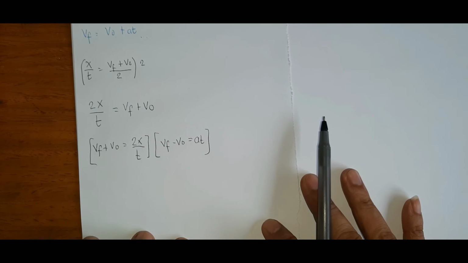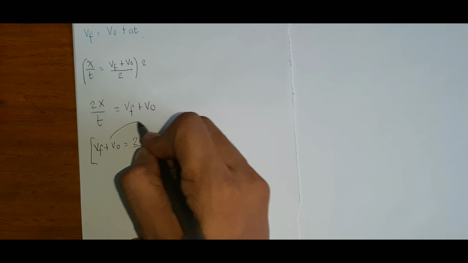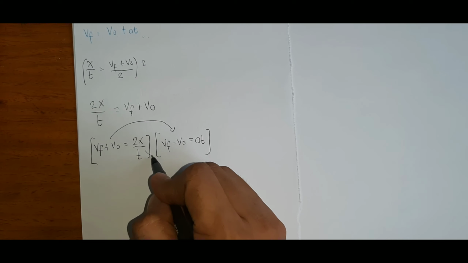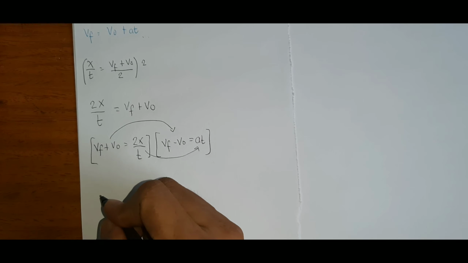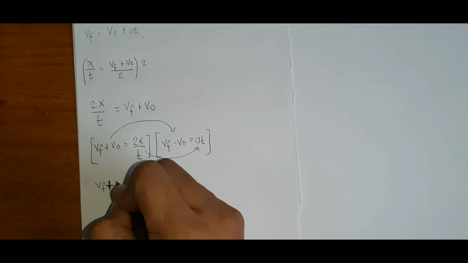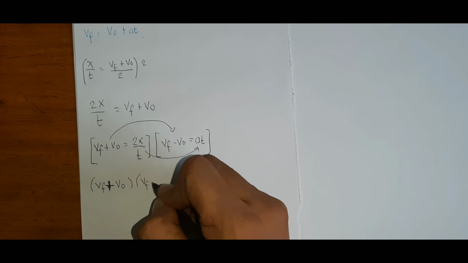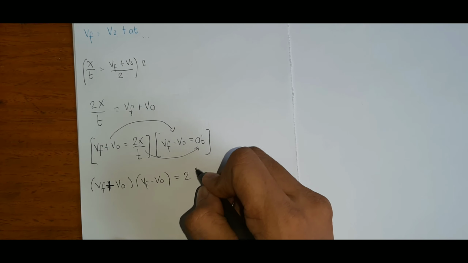Okay. Next, multiply this one. And next you're going to multiply this one also. So you will have vf plus vo multiplied by vf minus vo is equal to 2x over t.